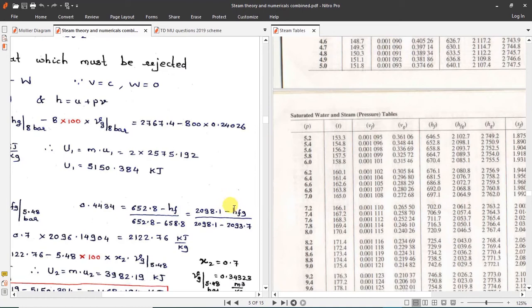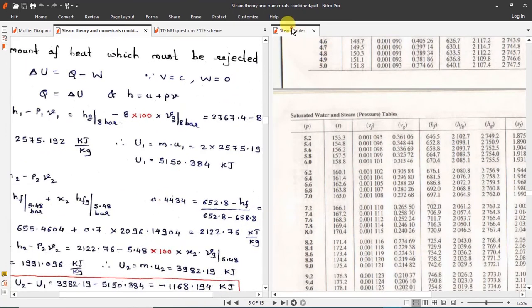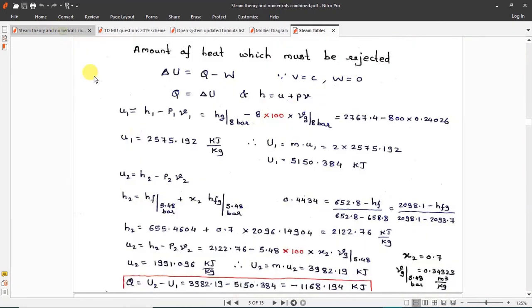So for 5.4, HFG is 2098.1 minus HFG, unknown for 5.48 bar, divided by again 2098.1 minus, for 5.6 what is HFG? 2093.7. So in this way you can calculate HF and HFG. After calculating HF and HFG, substitute the values over here, we will get H2.